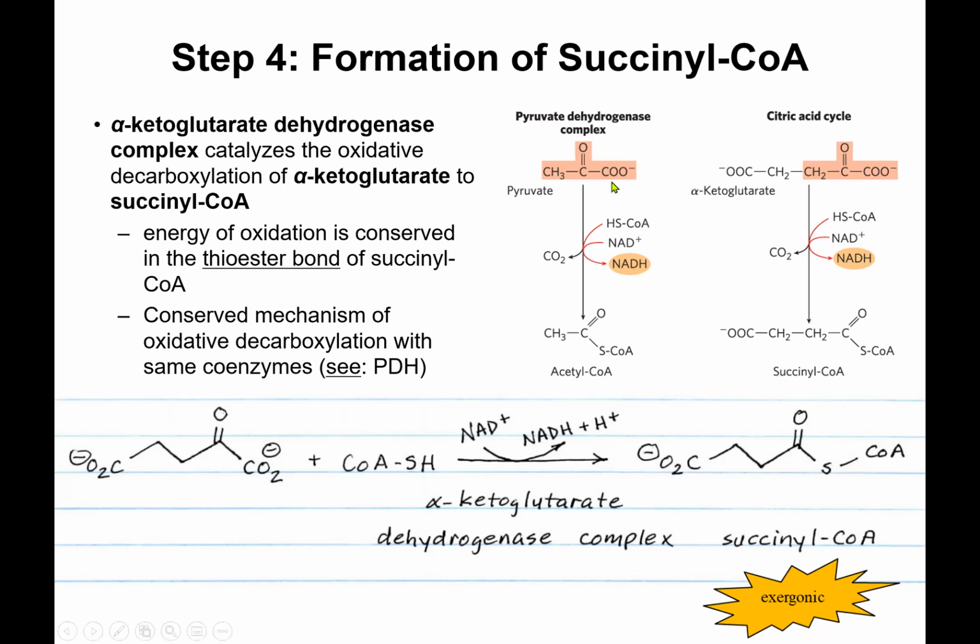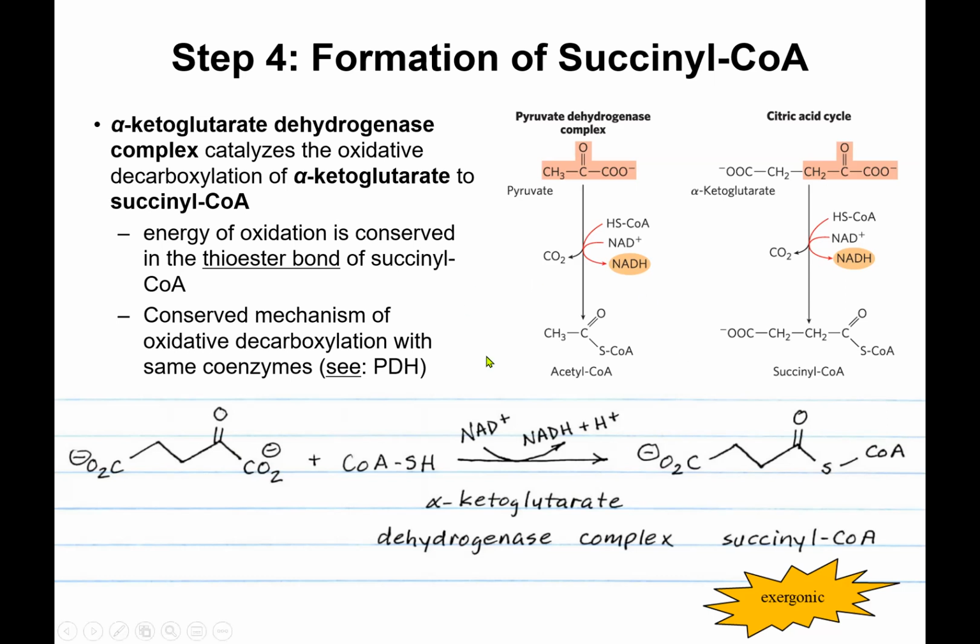We know that went down in a lot of phases, and we're not even looking at the mechanism here, just the overall big picture, but it's a very similar mechanism to the PDH complex. And note, it is not just alpha ketoglutarate dehydrogenase, it is alpha ketoglutarate dehydrogenase complex.